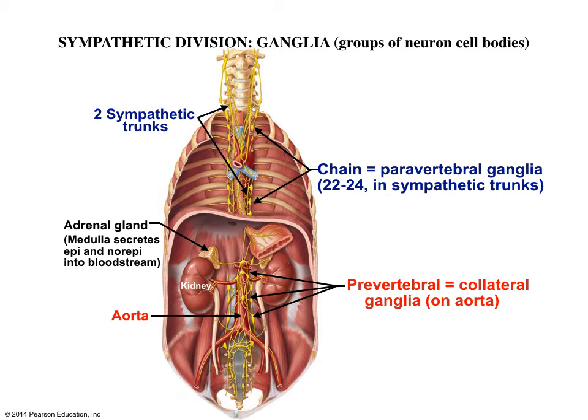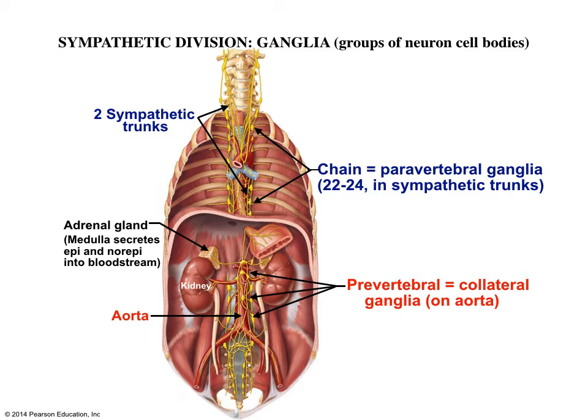This slide shows some sympathetic division ganglia. Recall from chapter 13, or 12 even, that ganglia, singular ganglion, are groups of neuron cell bodies. The sympathetic division has two sets of ganglia. One set would be within the two sympathetic trunks located on either side of the vertebral column.